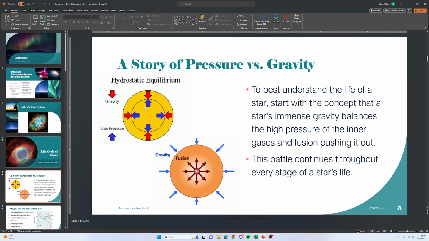Does that make sense? So the explosion pushes out, the gravity of the star pushes in, and the star is at a balance of these two forces. And if that battle ever gets out of balance, that's when the star changes.